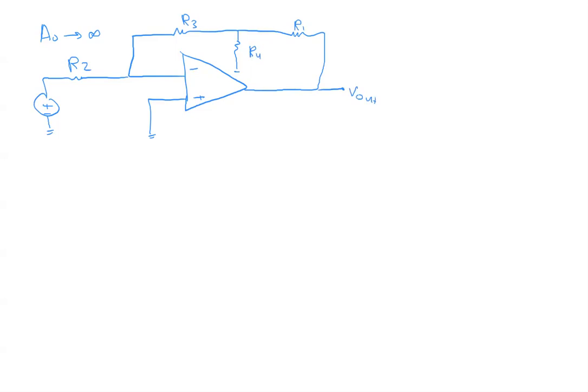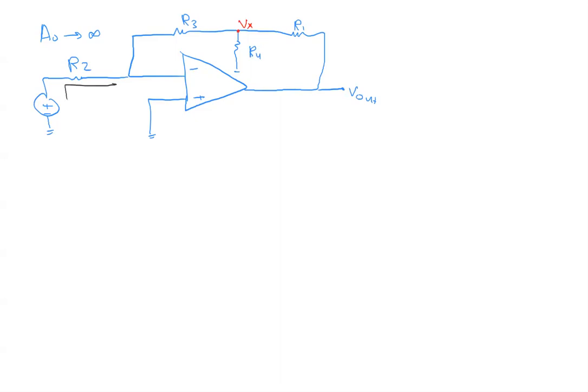Okay, so we can call this node Vx, and we need to now find out the gain Vout over Vn.